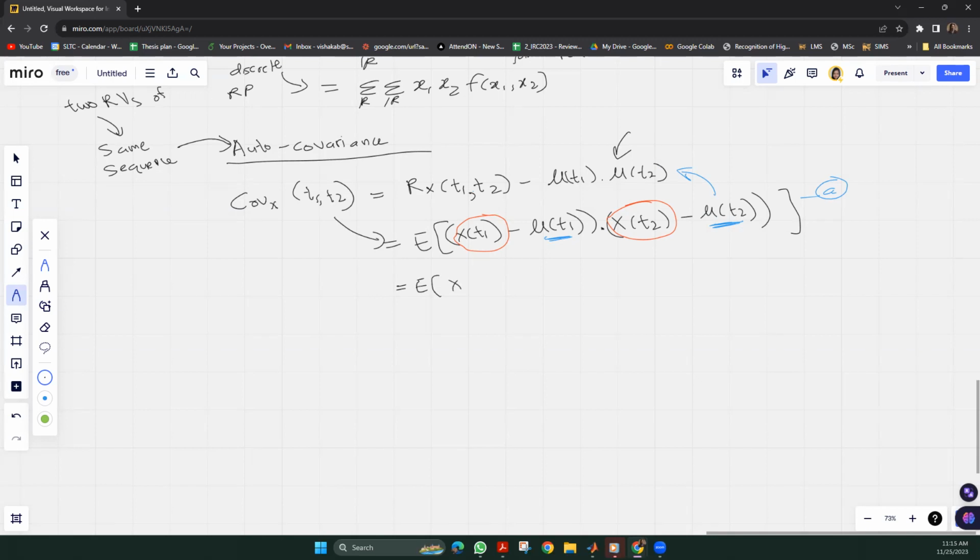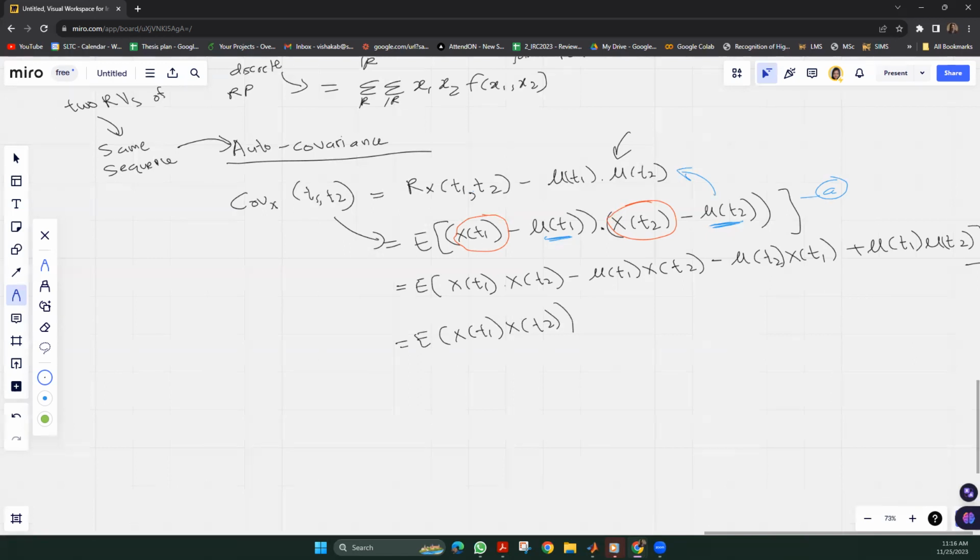So we have xt1 into xt2 minus mu t1 into xt2, then minus mu t2 into xt1 plus mu t1 mu t2. These all should be inside the brackets, and when we take each of these components out, xt1 xt2 we will take separately, and then take the expectation of that.